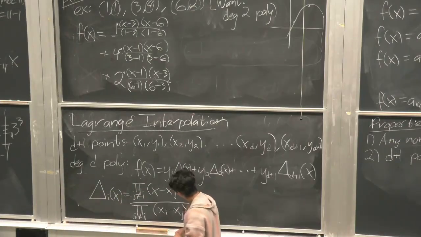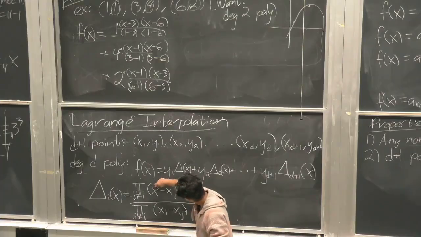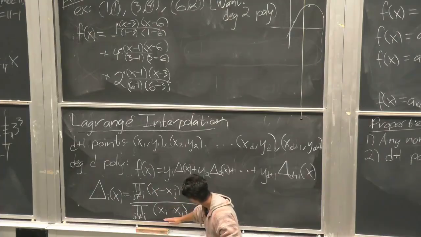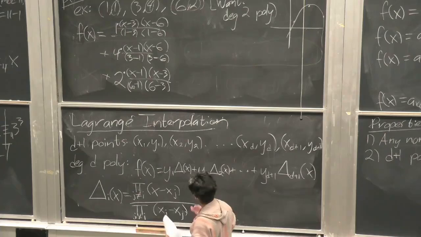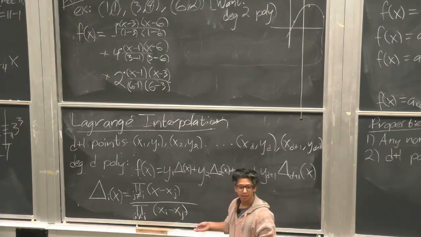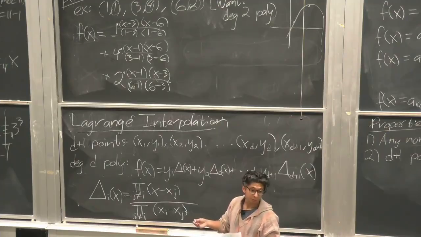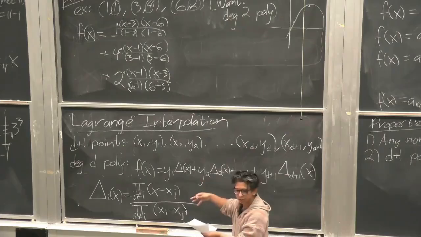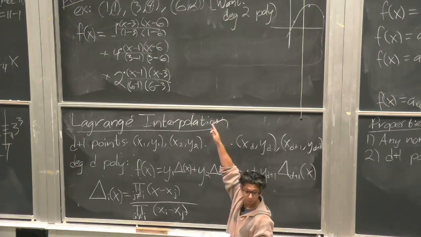So we want to do xj minus xj, but also if we plug in xi, we want all of these to cancel. We want xi minus xj to cancel. So it's a bit jargony to look at. You have to work through examples. You have them on your homework, so you'll work through examples. But really, this is just a real nice, compact shorthand notation for what we did up there.